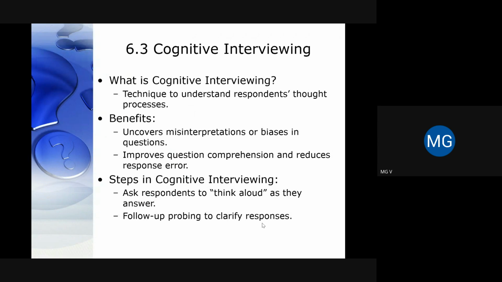For example, if a respondent hesitates on a question about brand loyalty, probing can reveal whether the term was unclear. Cognitive interviewing helps refine question wording, reducing the risk of misinterpretation and enhancing overall data quality. This method is especially beneficial for complex topics like consumer behavior, where nuanced understanding is essential.